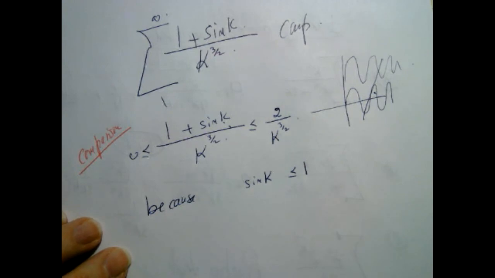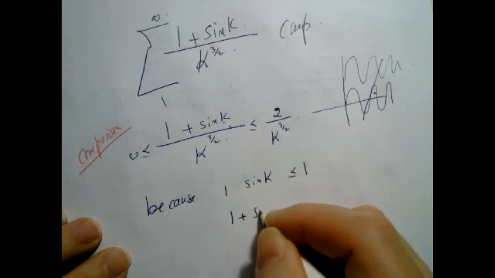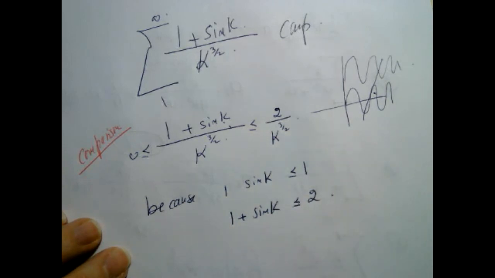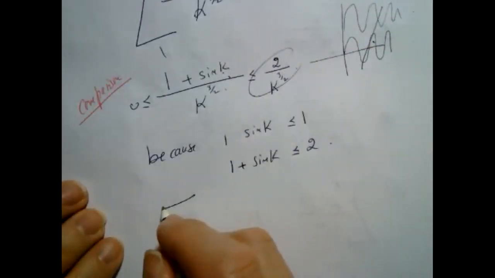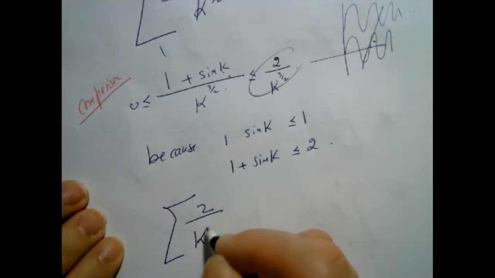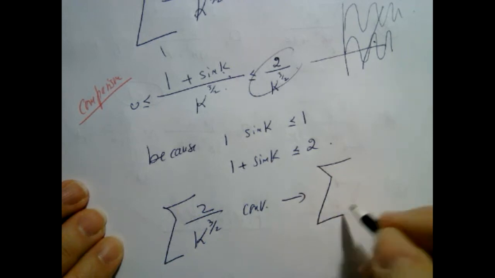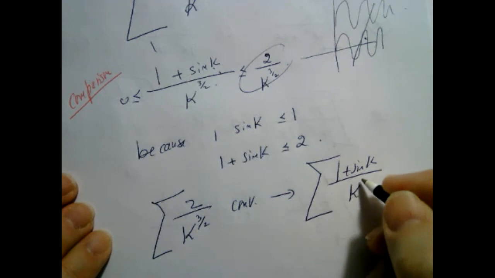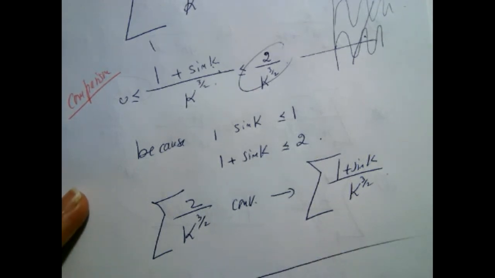When I add 1 to it, it's always going to be less than 2. Okay, and now we're done. The largest converges, so the smallest will have to converge. Whenever we have sine, I'm limited, and I use the comparison test because nothing will control the sine but the comparison test.